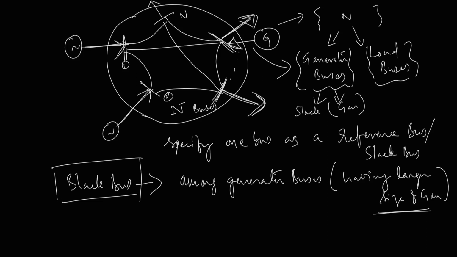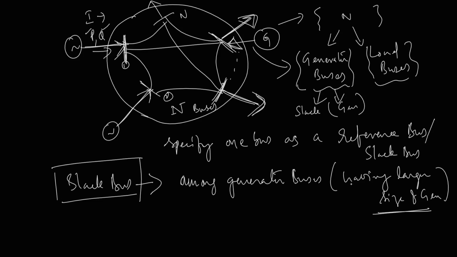Now this is just a brief classification of the buses. Coming to the bus variables, at each bus, as I said, instead of current injections, now I specify P and Q injections into the bus.